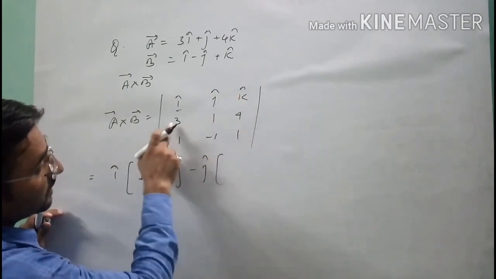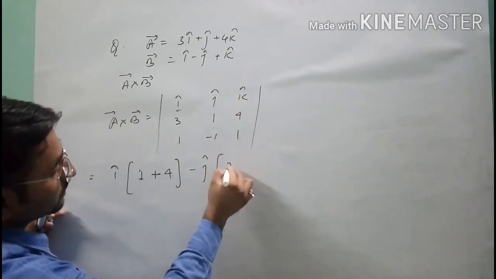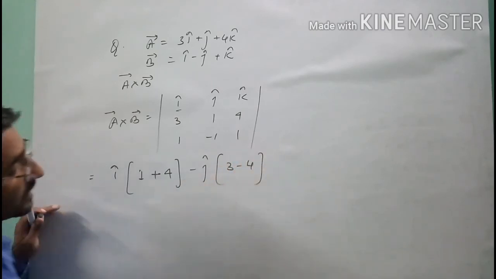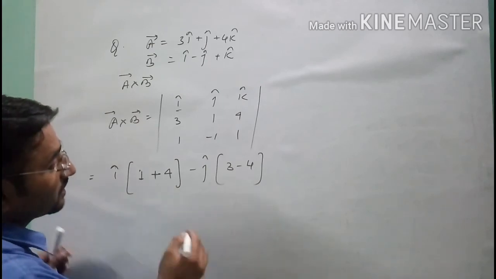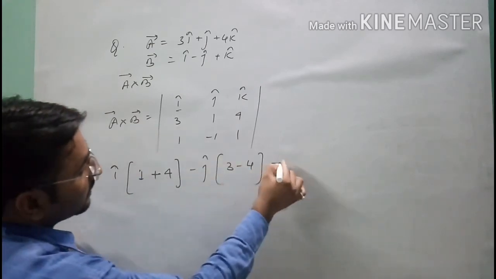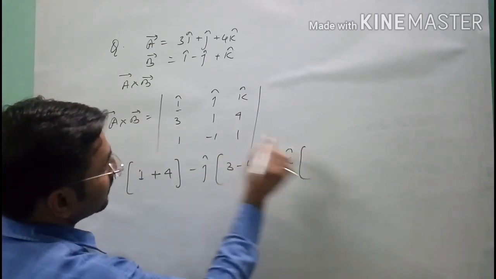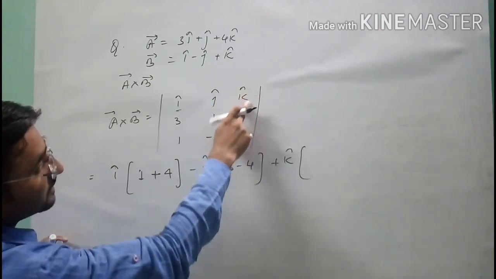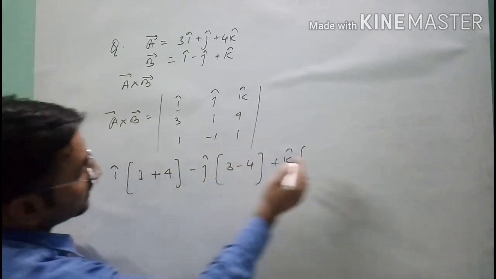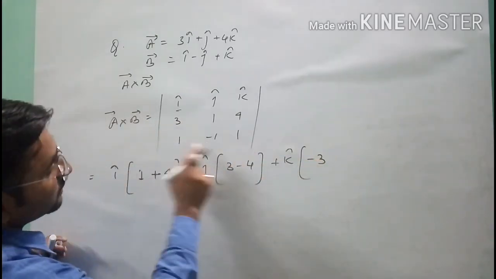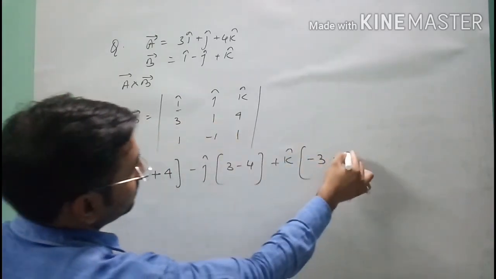After that 3 times 1, 4 times 1, 3 minus 4. You can repeat this solution two or three times. Okay, after that plus k cap, the element of first row third column hidden, 3 times 1 minus 3, and minus in the formula 1 times 1.